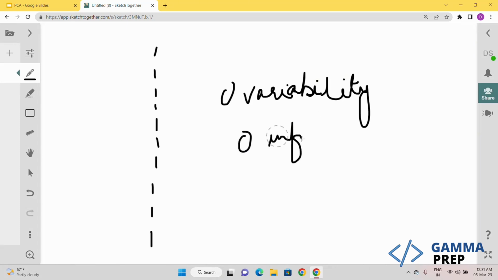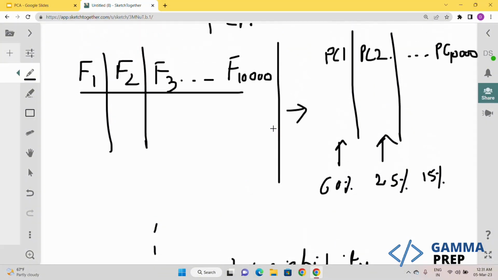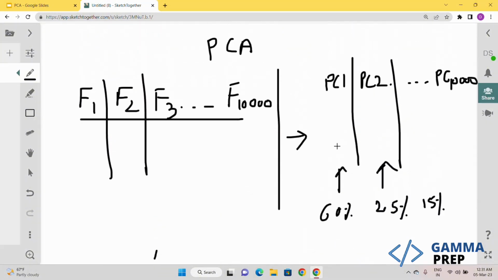Whereas features which have high variability will have a lot of information, and that's what we are talking about. Basically, the first principal component will have the maximum information or variability of the data, followed by principal component 2, then principal component 3, and so on. And we take the first few principal components. So that's basically the gist of PCA.